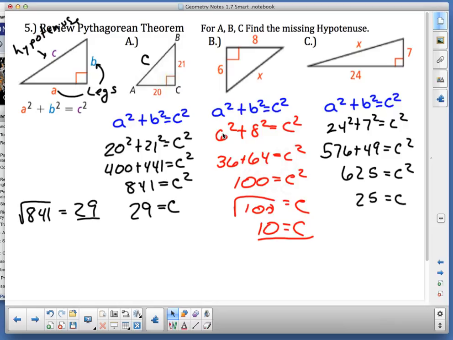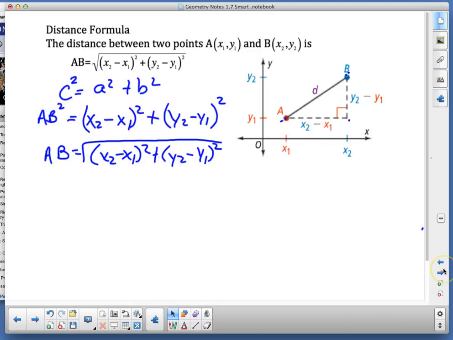Okay. Well, the distance formula, I should say, is short for the Pythagorean theorem distance formula. It's all based on the Pythagorean theorem. This is the Pythagorean theorem up top here.